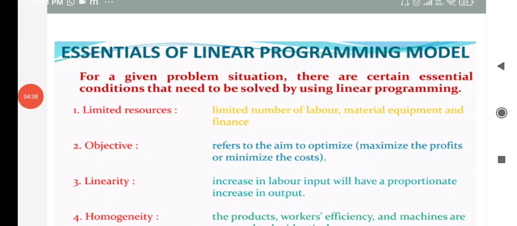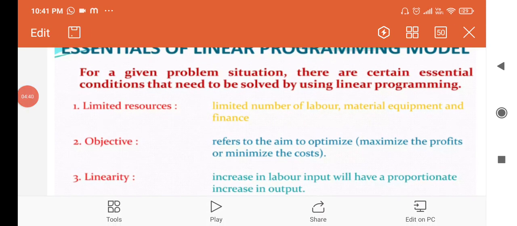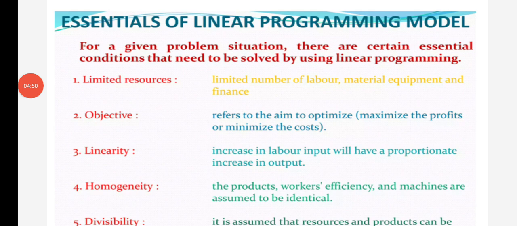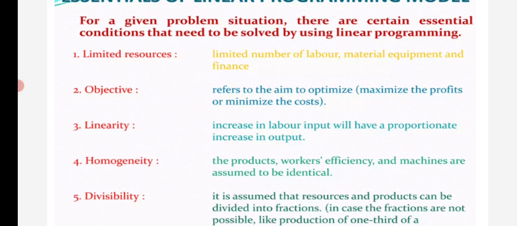Essential conditions of a linear programming model. For a given problem, there are certain essential conditions that need to be met to solve it using linear programming. First one is limited resources: a limited number of labor, material, equipment and finance. Objective refers to the aim of optimization, that is, maximize the profit or minimize the cost.